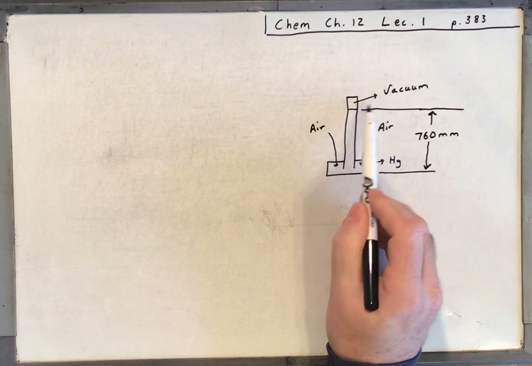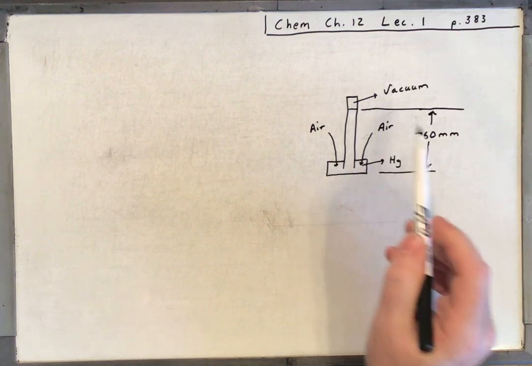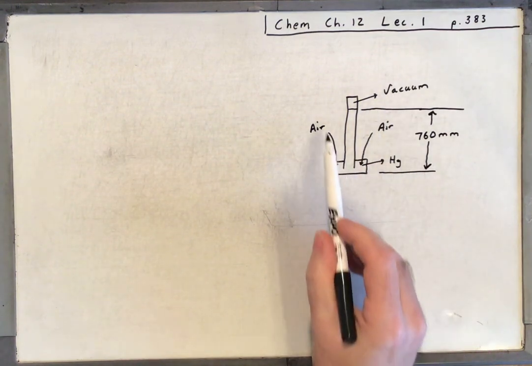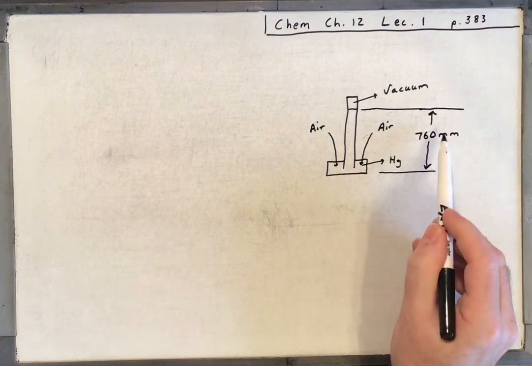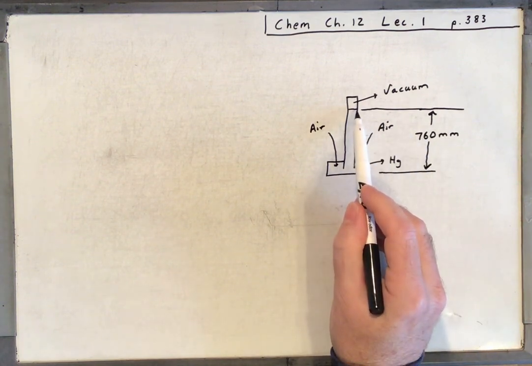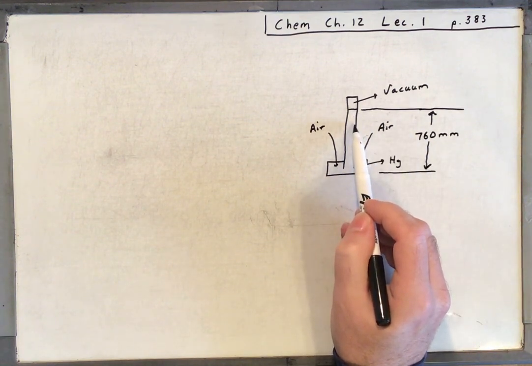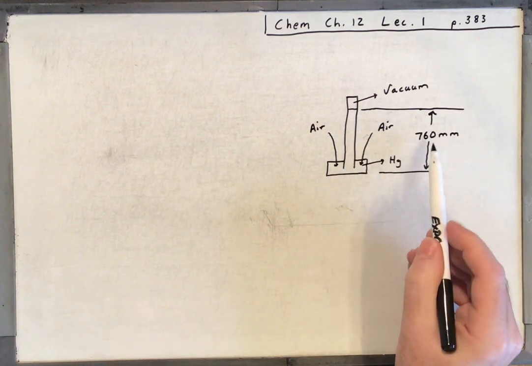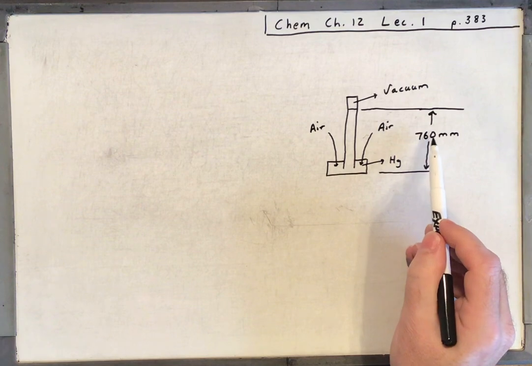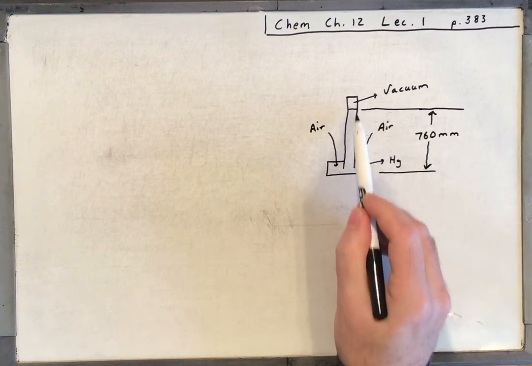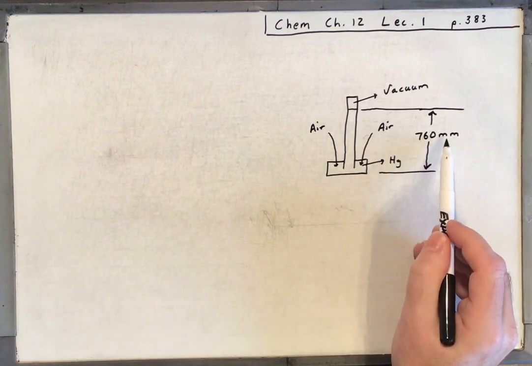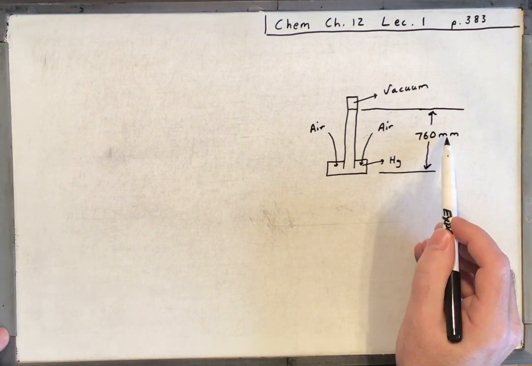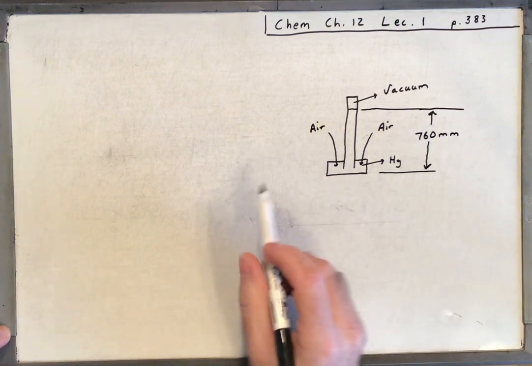There's nothing in the vacuum to resist it, so it would rise. And on a low pressure day, the weight of the air is lower, so the mercury in the column would fall. But on your average day, we would have a height of mercury in the column of 760 millimeters. So that's one way to measure air pressure.